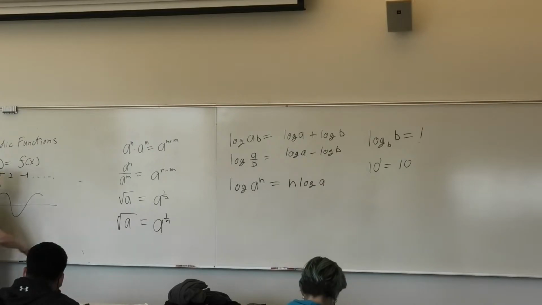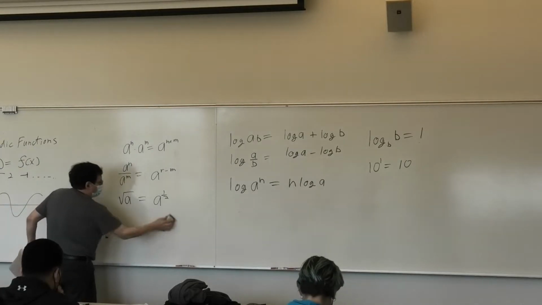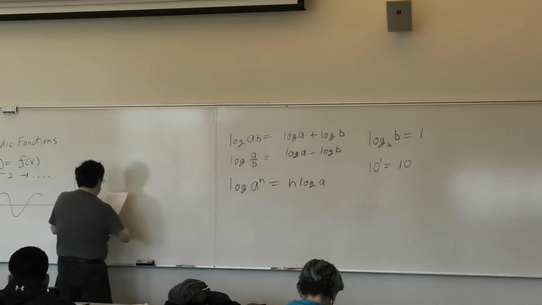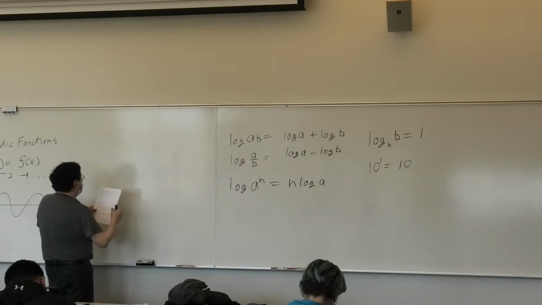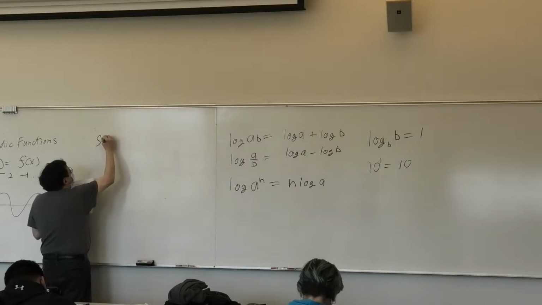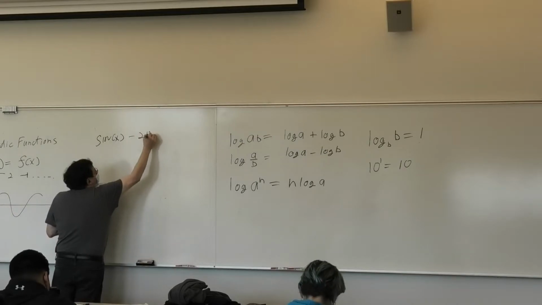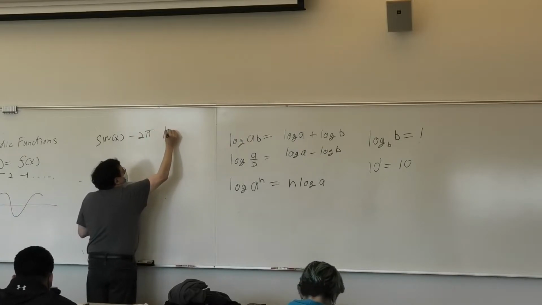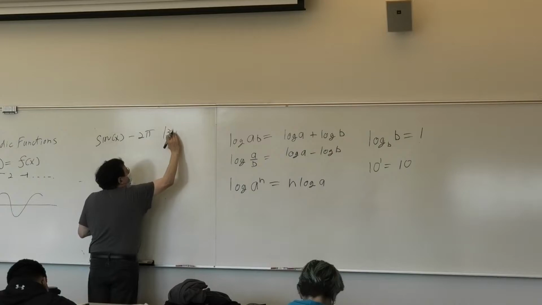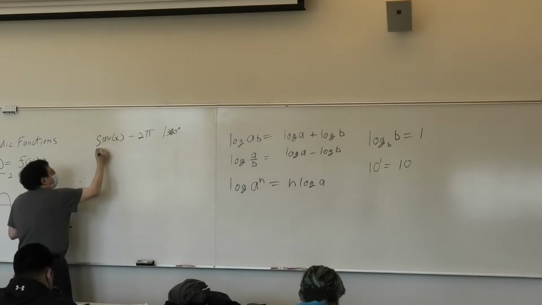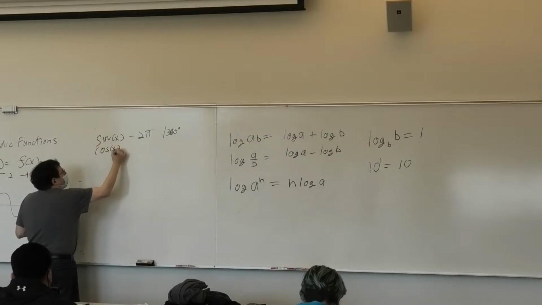It's probably good to know the periods of the basic trig functions. Sine of x has a period of 2 pi radians, or if you want to lie back for a minute on degrees, 360 degrees. Cosine of x, the same.